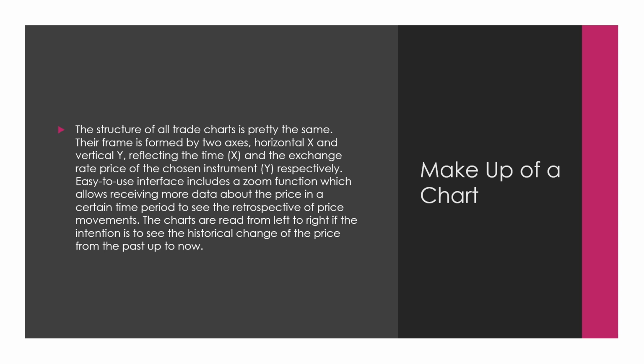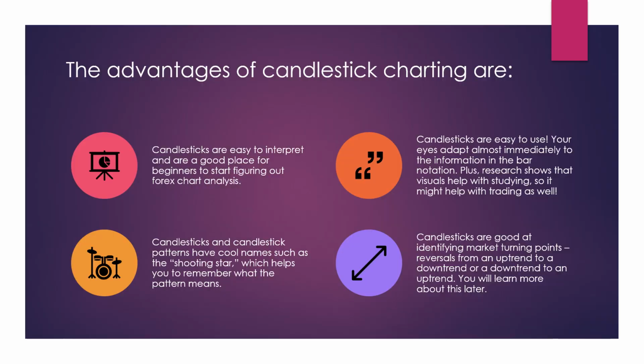The structure of all trade charts is pretty much the same. They are based on 2 axes, the horizontal and the y-axis. Now, candlesticks are easy to interpret and are a good place for beginners to start figuring out Forex chart analysis. Candlesticks are easy to use. Your eyes adapt almost immediately to the information in the bar notation.